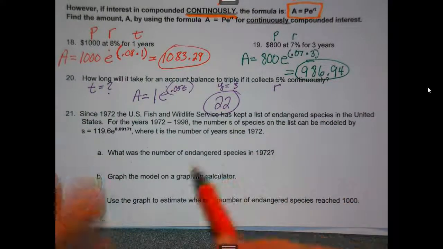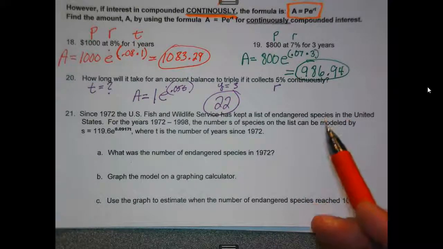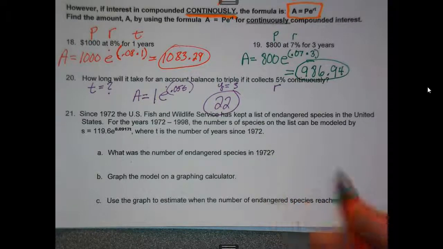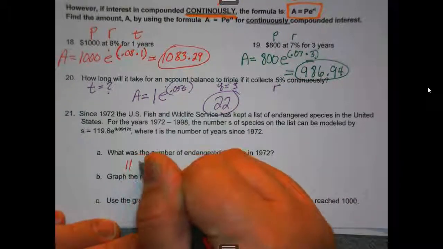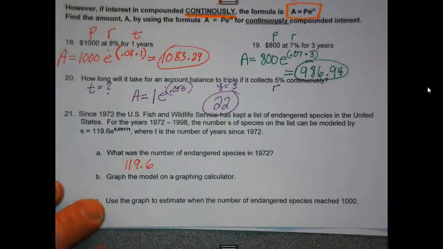Okay. A, what is the number of endangered species in 1972? Anyone? Yeah, it's P, the initial amount, 119.6.